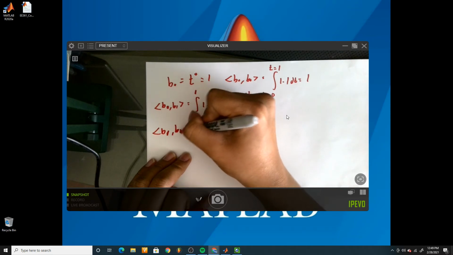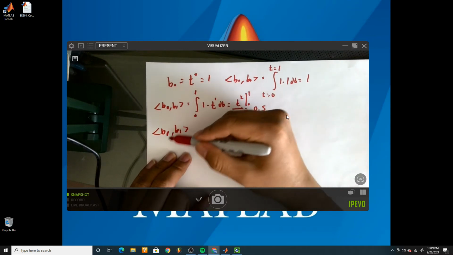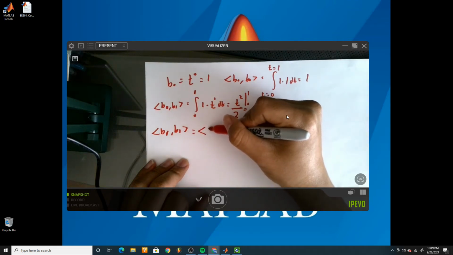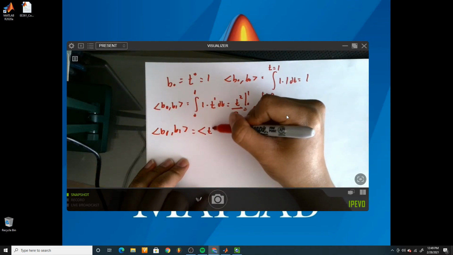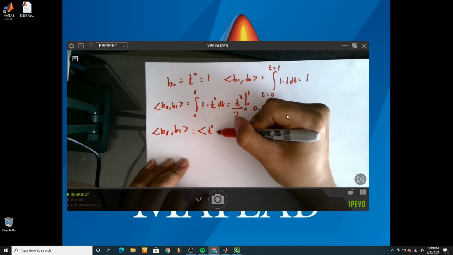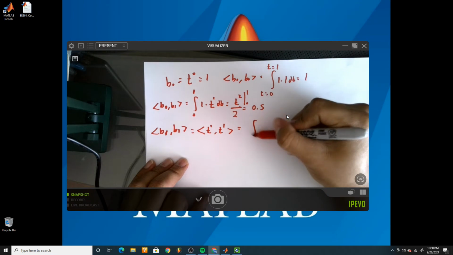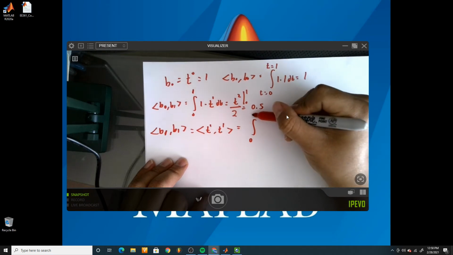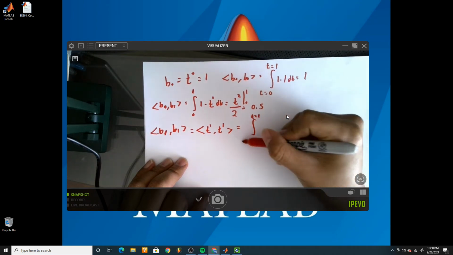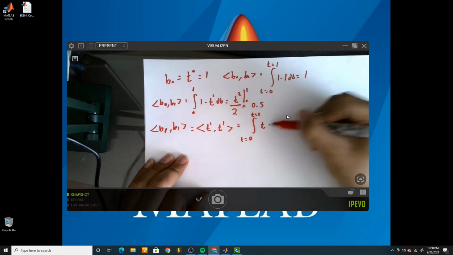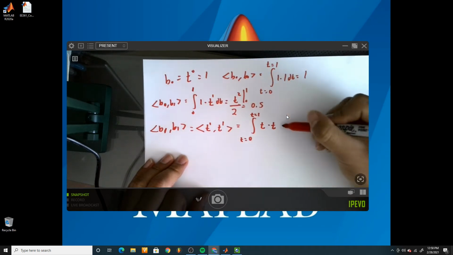b of 1, b of 1, right? So you know you have these two basis sets. I'll write it down. You have to do this for your Gramian, okay? So you know this is going to be t to the 1 power, right? So you're going to do the integral from t equals 0 to 1, just do that for cleanliness, of t times t, these two, dt.